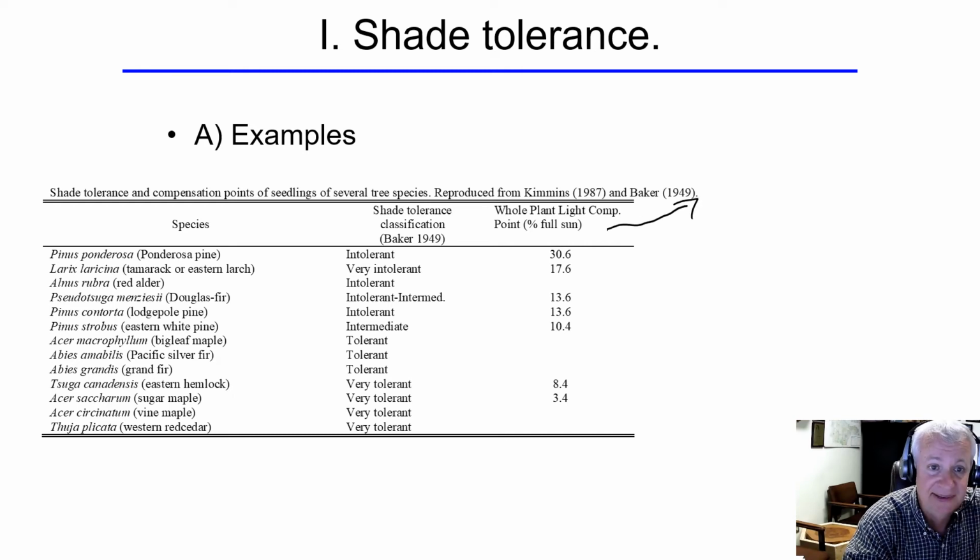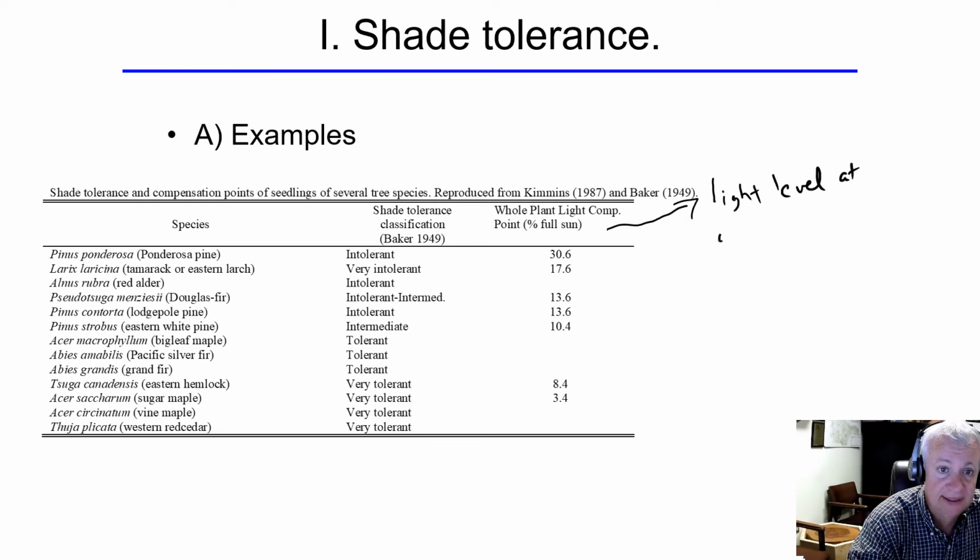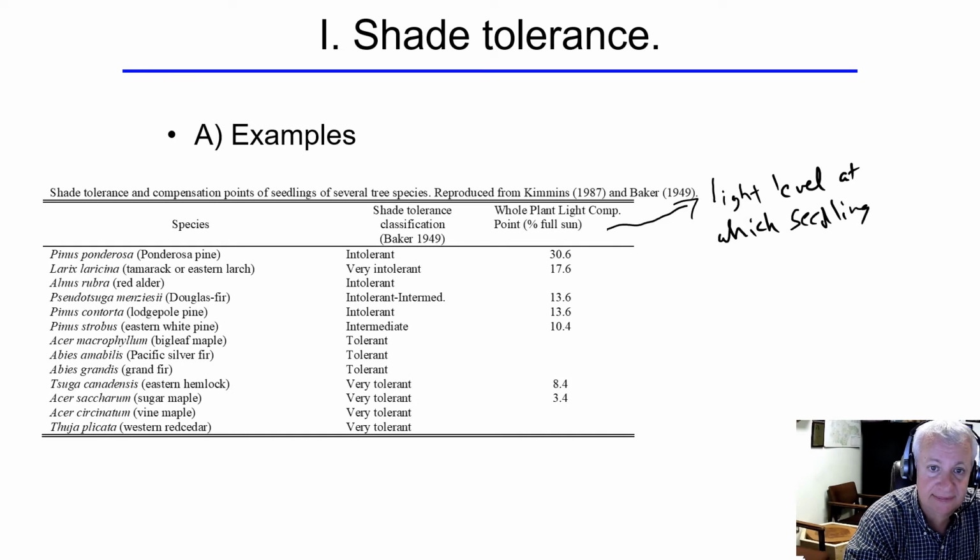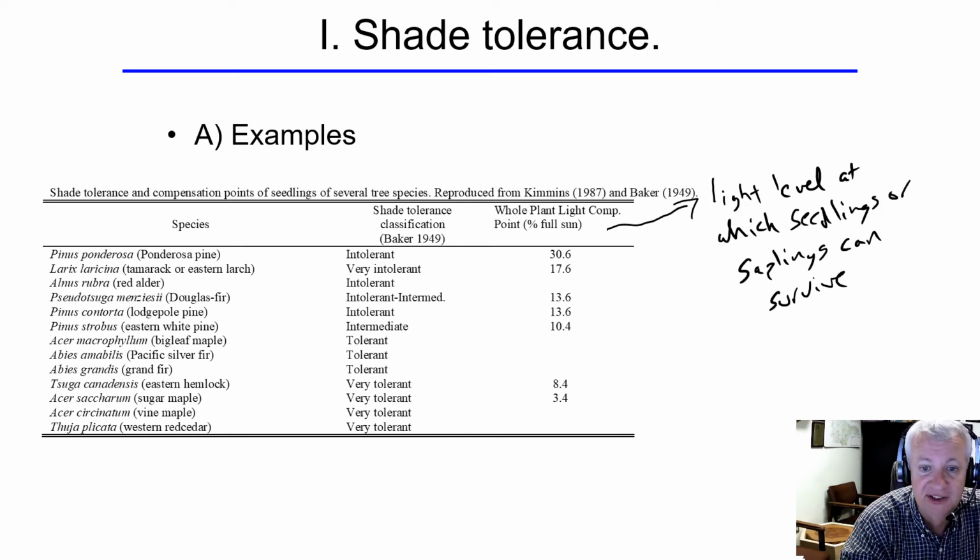And that basically means the light level at which seedlings or saplings can survive. So, these were from experiments with measurements of light.